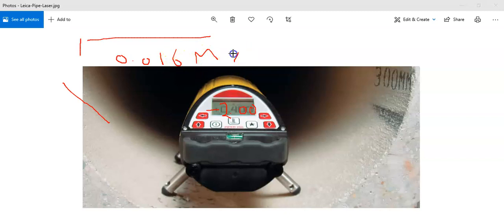Basically you multiply this by 100, and you will get 1.6%. And so on.